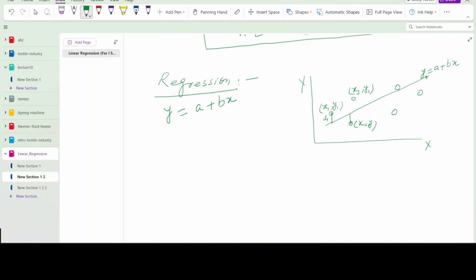Likewise, this vertical distance is d2, and we have said that this will be a best fit line when d1 square plus d2 square plus dn square, the sum of all these is minimum. Then this will be a best fit line, and we will be able to estimate the value of y.